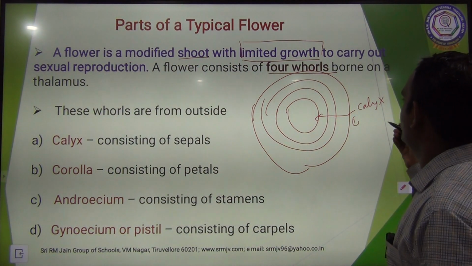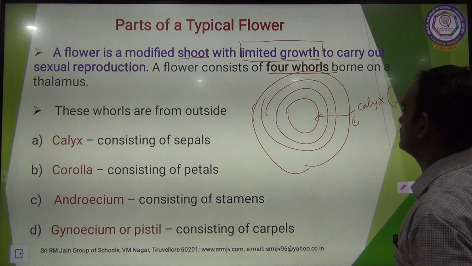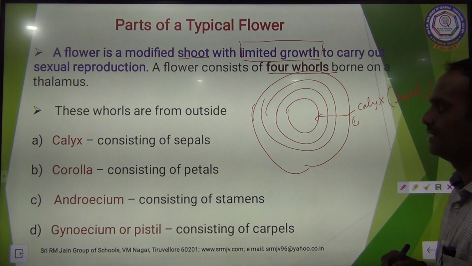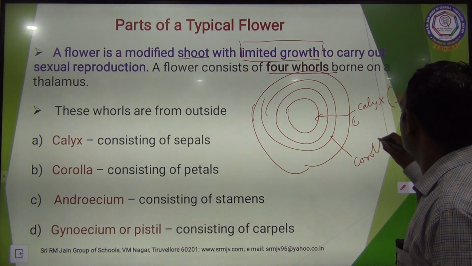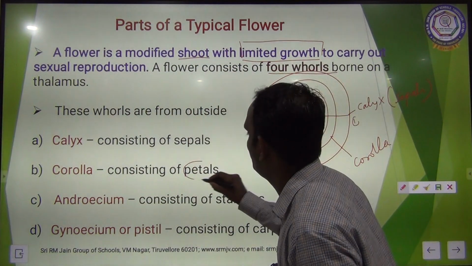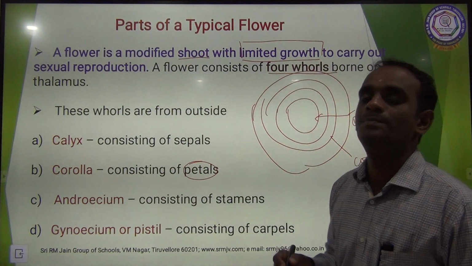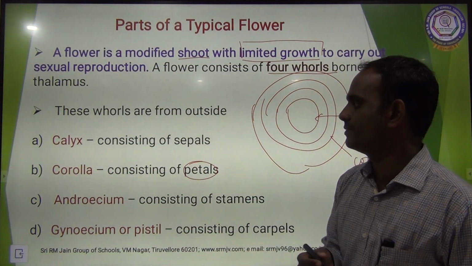The other name for calyx is sepals. The next one is corolla. Corolla is nothing but petals, the colored part of a flower.